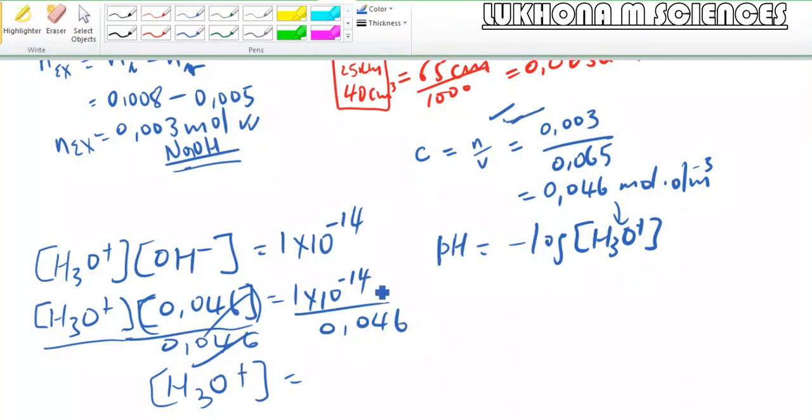Then we get 2,173 times 10 to the power negative 13 mole per dm cube.